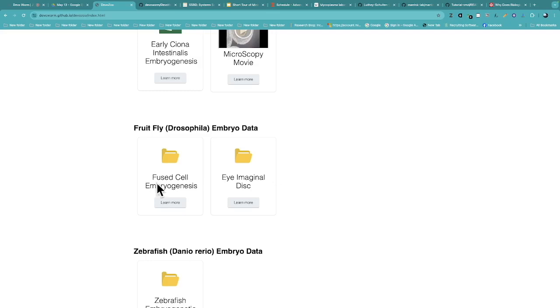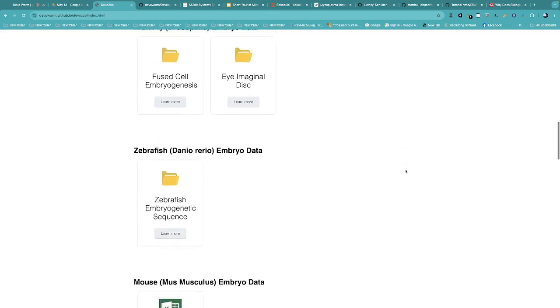We also have some data on fused cell embryogenesis, and I can't remember exactly what those data entail, but we have data from Drosophila. Again, this looks at processes of cell division and differentiation, and it would allow you to train a model on these processes as they're unfolding.